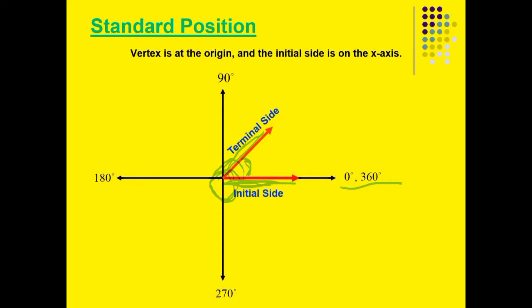The upper portion is 90 degrees, the left side is 180, the lower part is 270, and as it goes back, 360. Since the right side is our initial side, if we rotate further it goes to 90 degrees, then 180, then 270, and it forms a complete revolution.